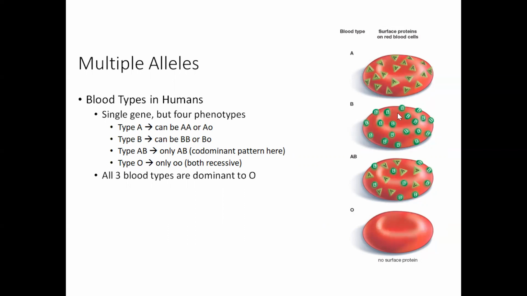That determines what blood group you are. So a single gene has 4 phenotypes. Type A can be AA or AO, type B can be BB or BO, AB can only be AB, and type O has only OO, so basically no carbohydrates.